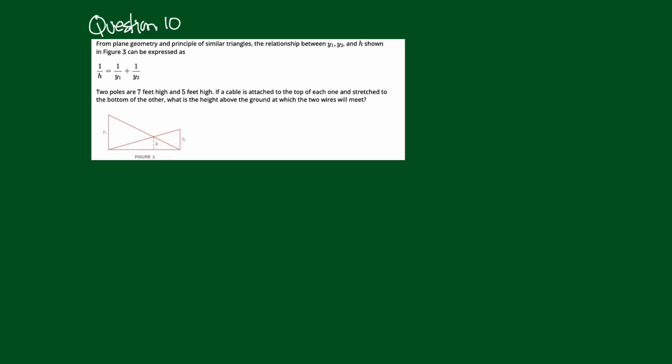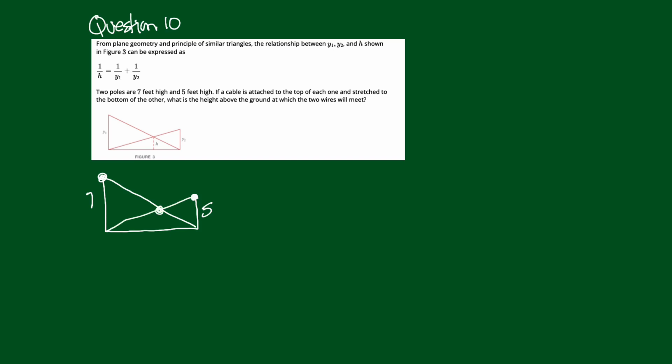So in any kind of a setup like this, 1 over y1 plus 1 over y2 is equal to 1 over h. I'm going to draw this picture here in our particular situation. I got a pole here that's 7 feet high, a pole here that's 5 feet high. I'm going to run this cable down to the bottom here and run this cable down to the bottom here.